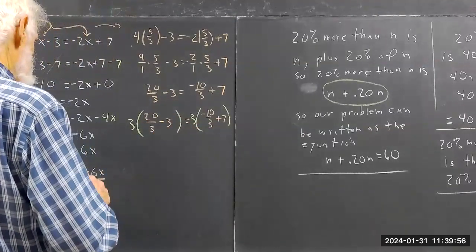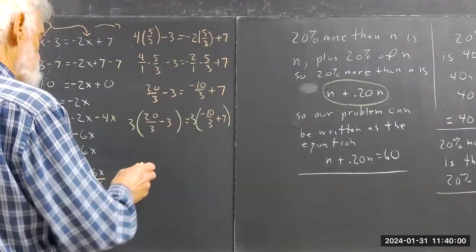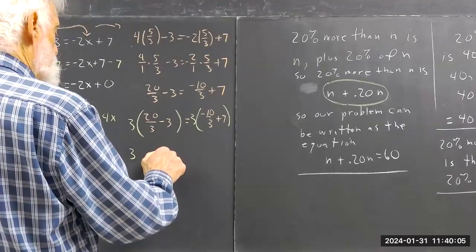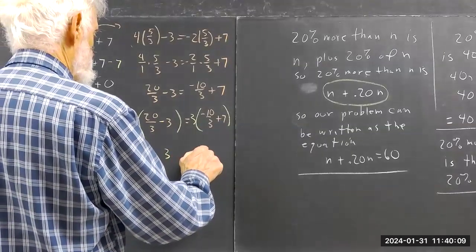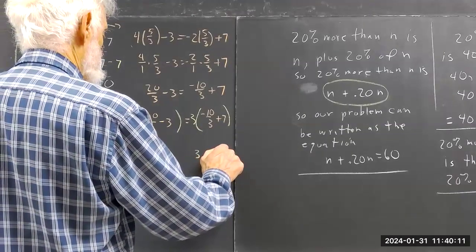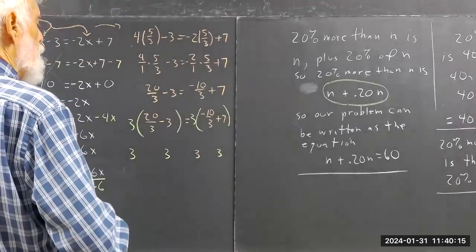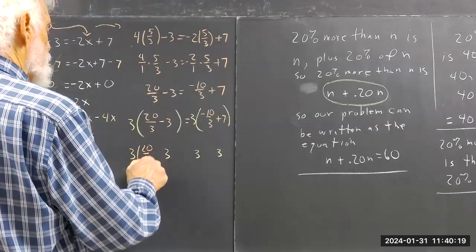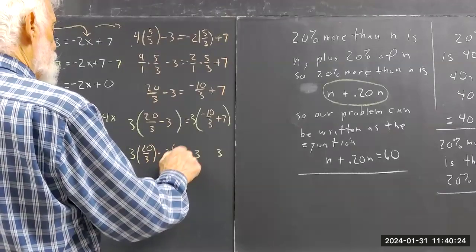So what we get is 3, okay, 3 multiplied by 20/3 minus 3 multiplied by 3.